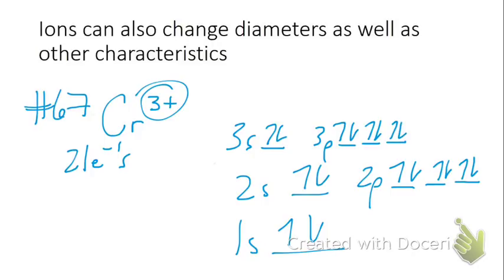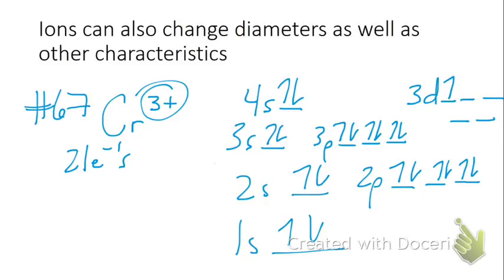So there's 18 electrons. So now we have 3 more left. Oh, so this is going to be a little tricky. We have to remember the order with which things fill. 4s comes first. And so we are left with 3d.